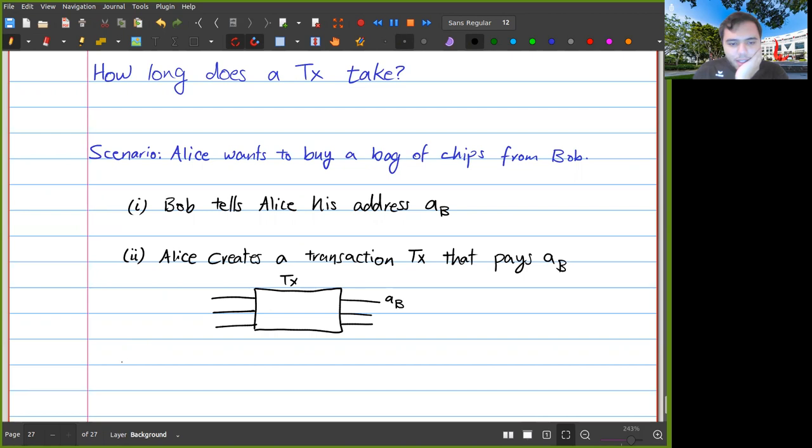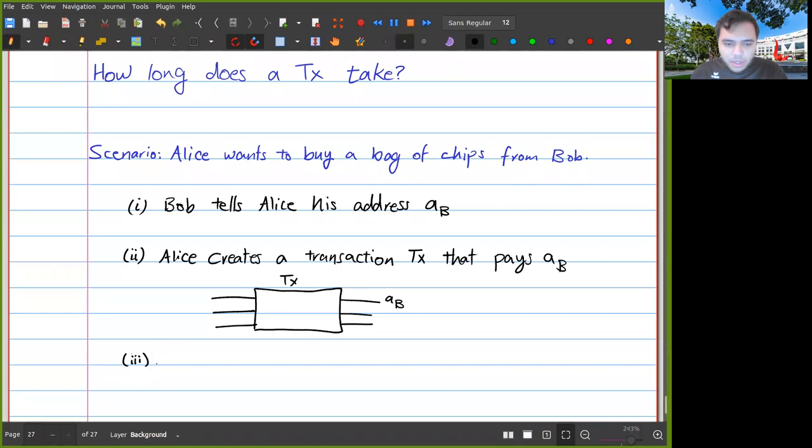Okay. Now, what is the third step? Well, this transaction has to go on the blockchain. So someone has to publish this. And it doesn't matter who publishes it. Maybe Alice publishes it on the network, maybe Bob does it. But of course, Alice has to send it to Bob so that Bob knows what transaction he has to wait for.